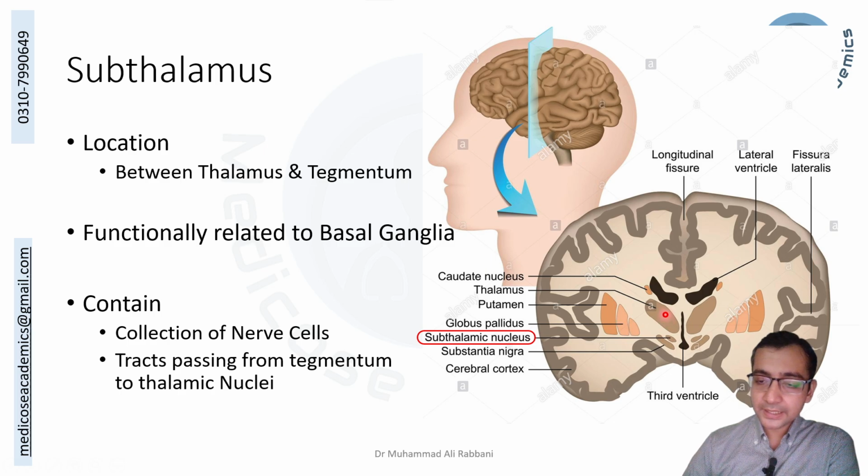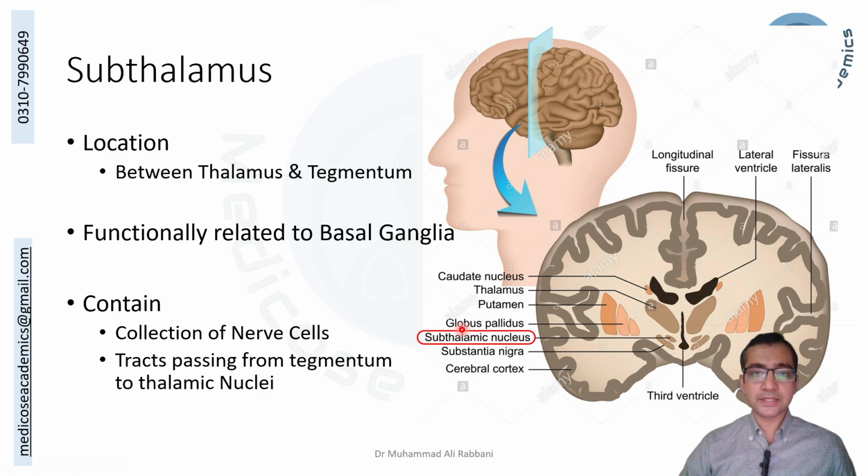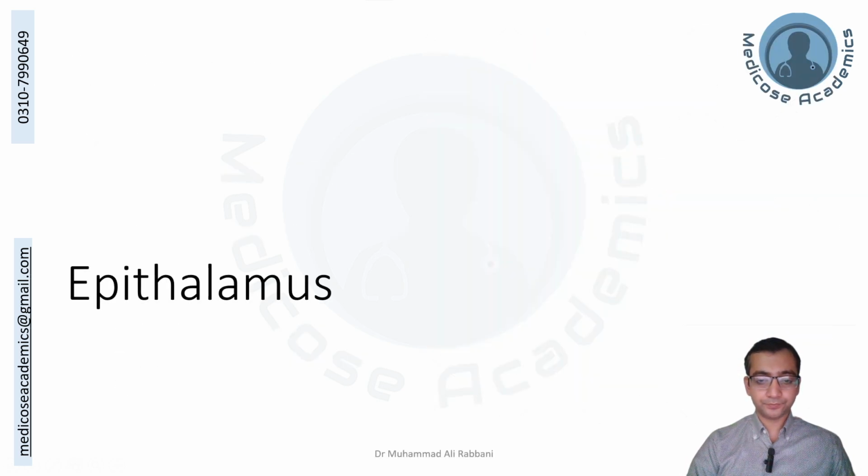In other words, it is related infralateral to the thalamus. Functionally, it is related to the basal ganglia and its relation links to movement disorders. We will discuss that in the basal ganglia lectures. And that's it. That's what I wanted to discuss in this part of my lecture.